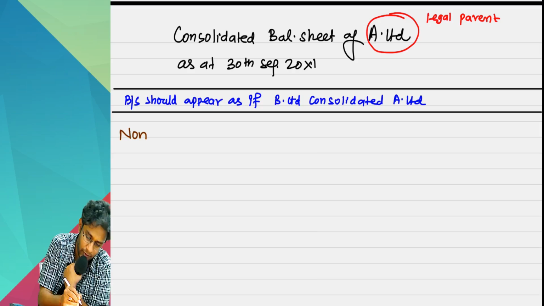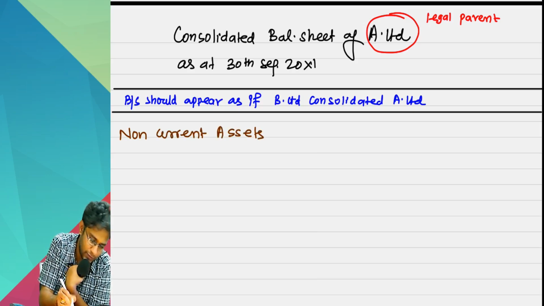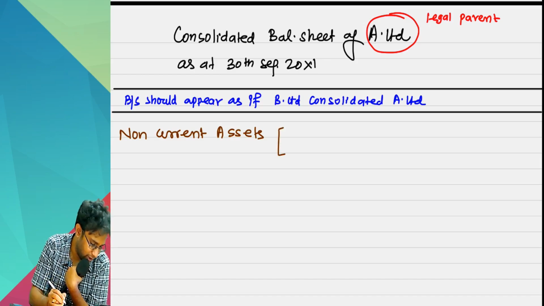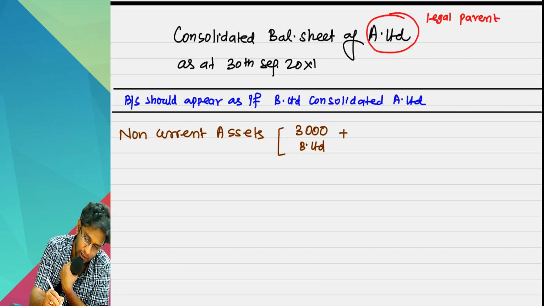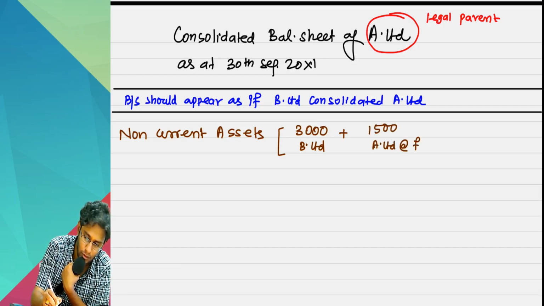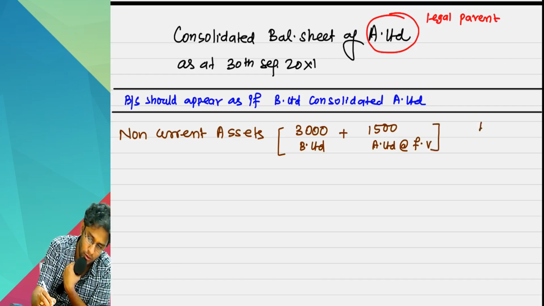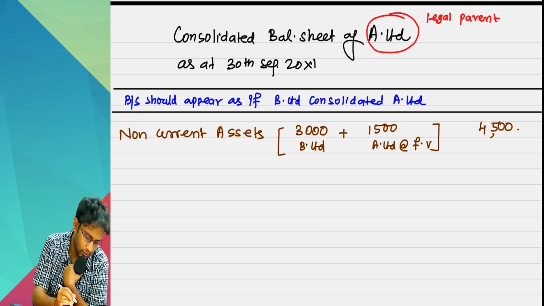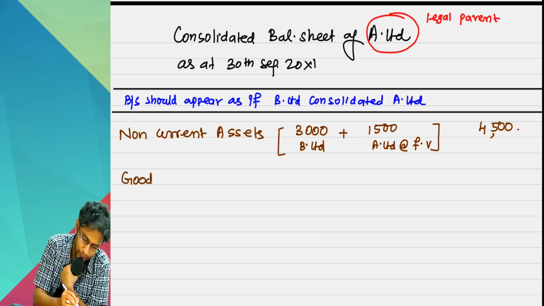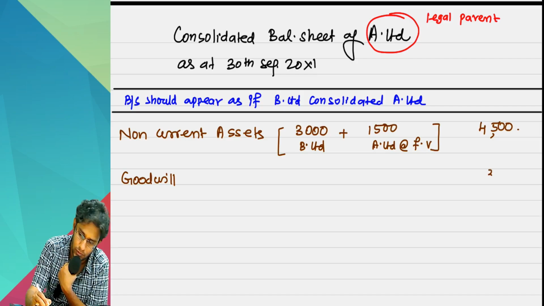Normally I'm writing directly. Non-current assets. Who is the parent in substance? B Limited. So first B Limited, I am writing 3000, plus A Limited 1500 at fair value: 4500. Current assets, sir, but before that goodwill, 300.